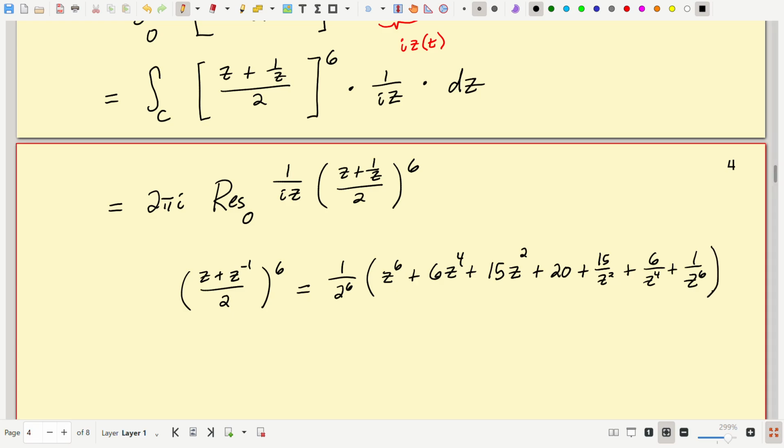Well, I don't see a residue term there. Actually, this is not the function I want. I need to multiply in front by 1 over i times z.